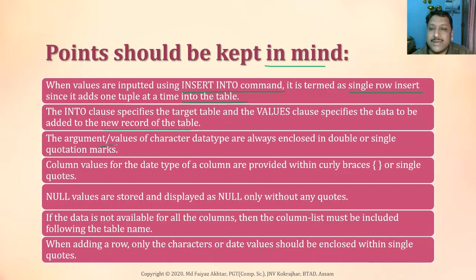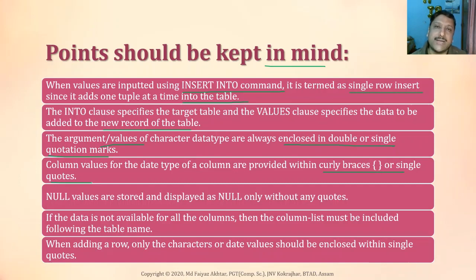The argument values of character data type are always enclosed in double or single quotation marks. Okay, the character data type values. Column values for the date data type of a column are provided within curly braces or single quotation marks. Date can be given within curly braces or using single quotation marks, whichever you can use.